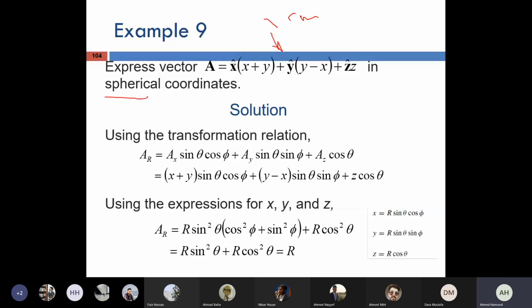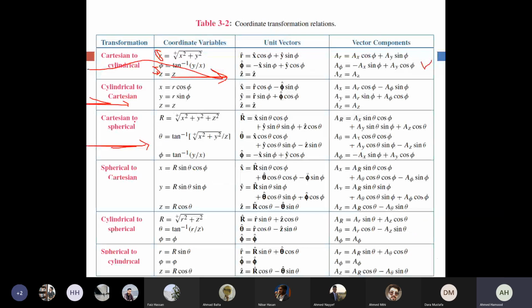So from Cartesian to spherical, we have to use this part, which is a_r, a_theta, and a_phi, these three one by one.